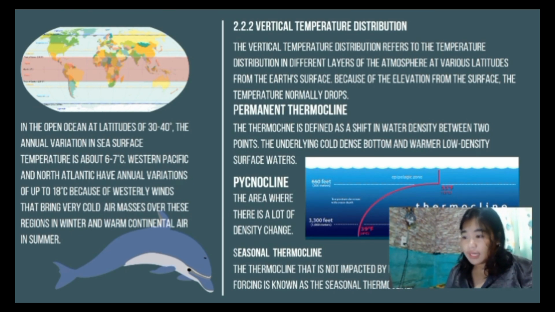The thermocline is an oceanic water layer in which the temperature of the water drops rapidly as depth increases, from depths of about 200 meters or 660 feet to about 1,000 meters, which is 3,000 feet.